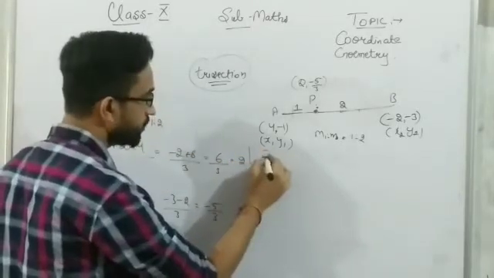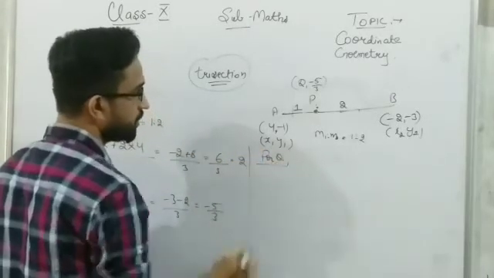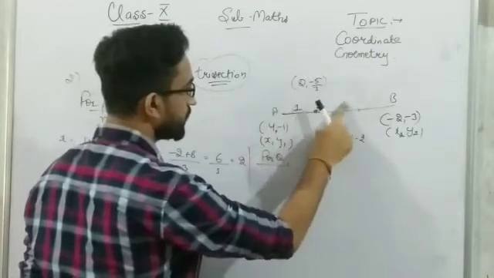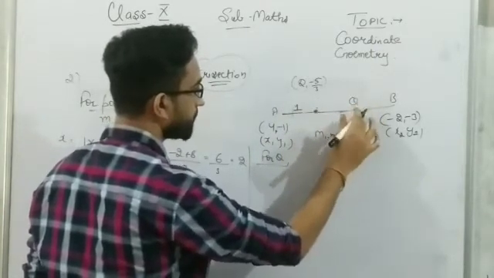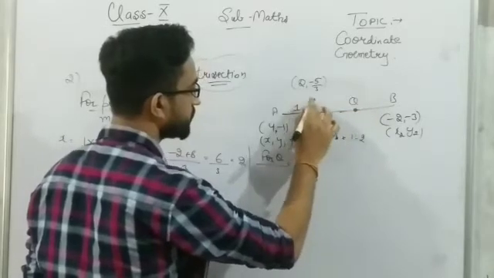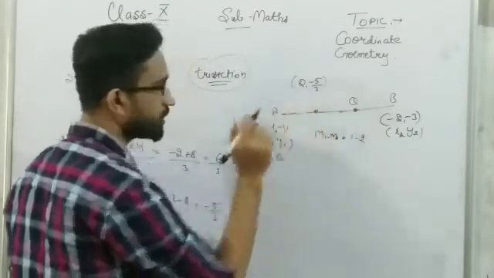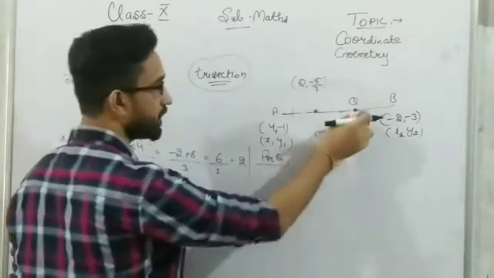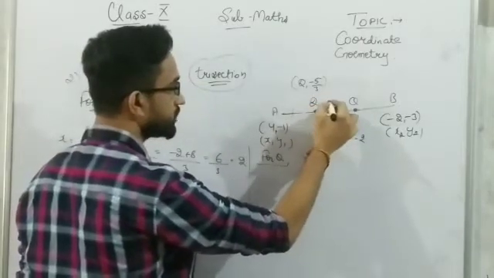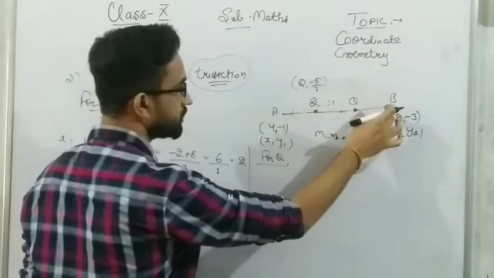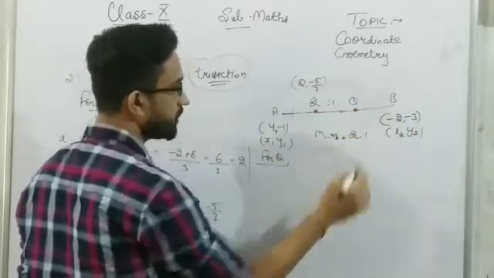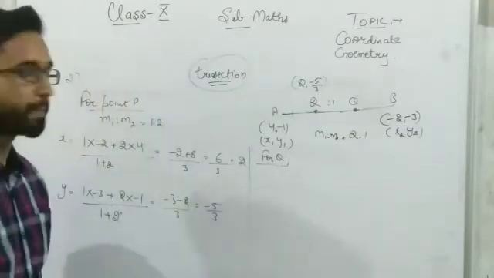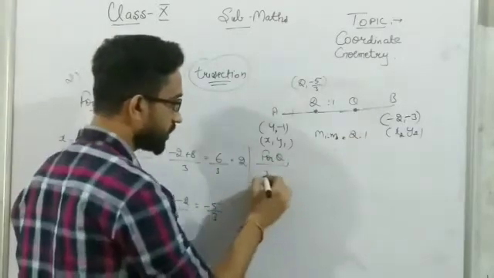Similarly, let's find the coordinates of point Q. So for point Q, let's see what we will get here. Q was somewhere here, right? This was our P, this was our Q. Now we will forget about the P point and say Q will divide this line in the ratio 2:1. This is 2 parts, this is 1 part. So our ratio will become 2:1. Let's find Q now.